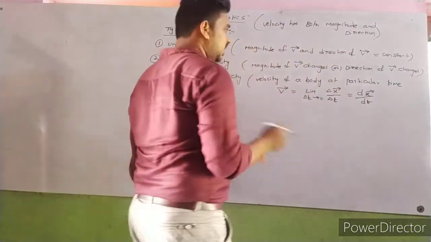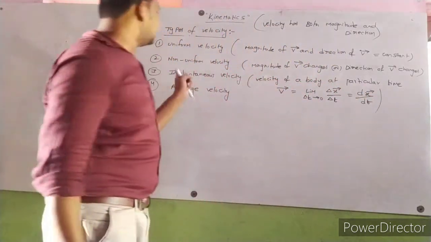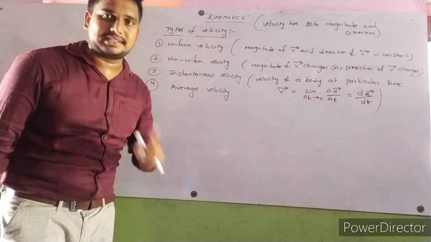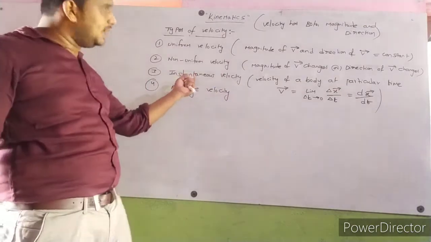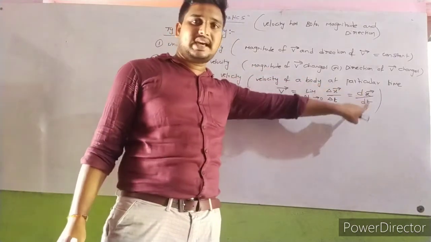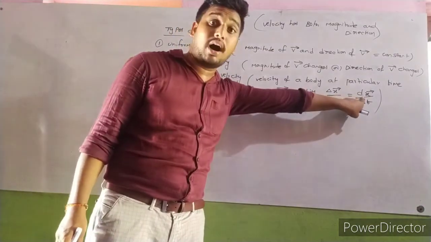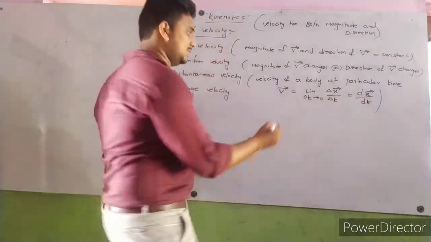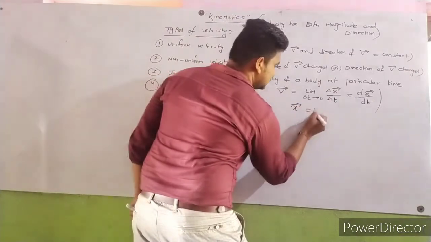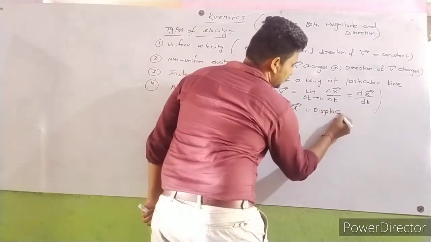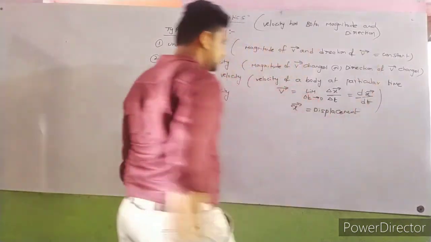So observe carefully the difference between instantaneous speed and instantaneous velocity. For instantaneous speed we consider just s. For instantaneous velocity we consider s bar. This is very important. Here s bar is nothing but displacement.